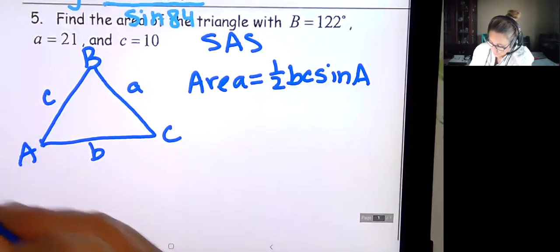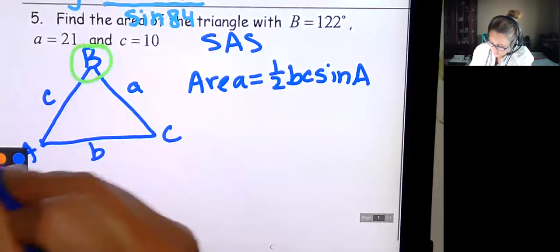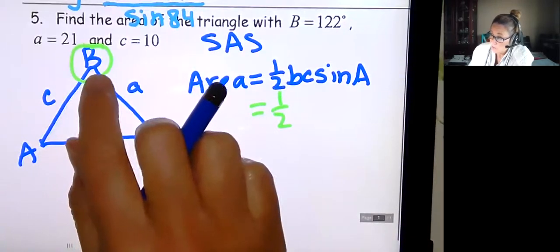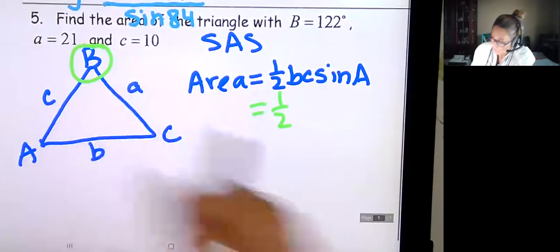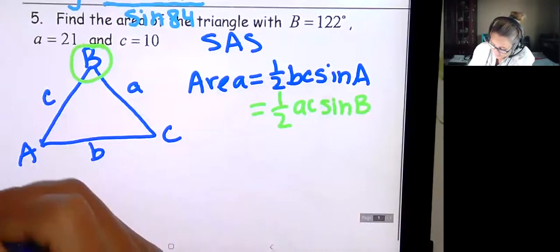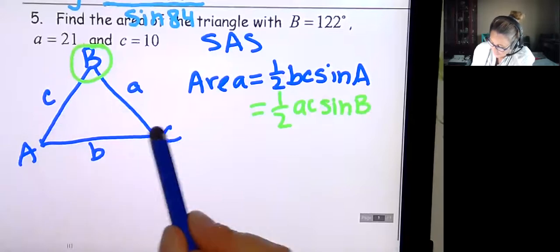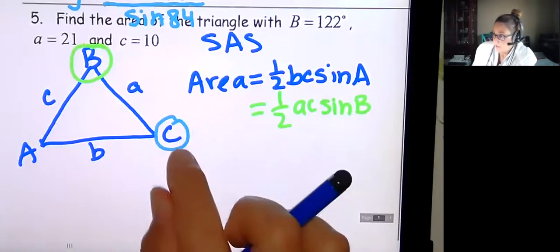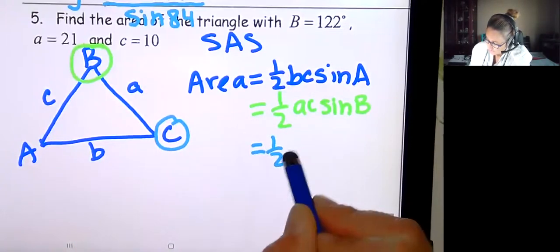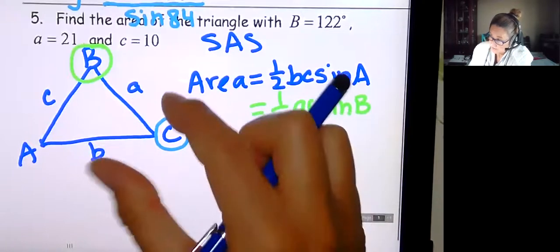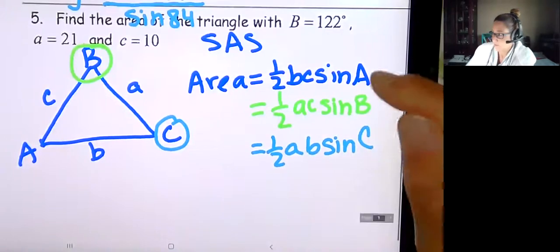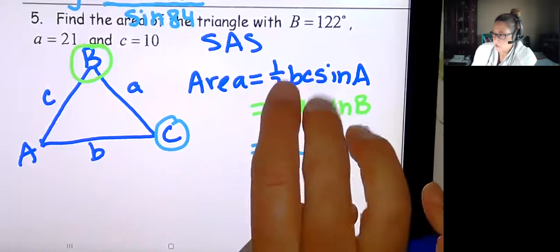If I happen to know angle B, okay, then I'm going to take 1/2 and I'm going to use A times C, these two sides, A times C times sine of B. If I know angle C, then I'm going to know these two sides, and I'm going to take 1/2 A times B, the two sides that this angle's in between, times sine of C. So what you'll notice is whatever angle this is, the sides are not the one that's opposite it.